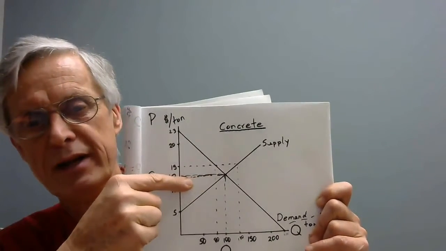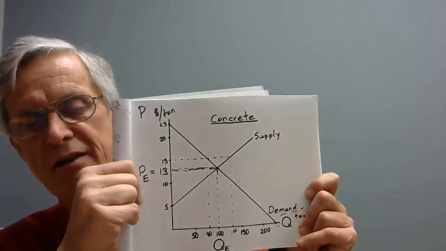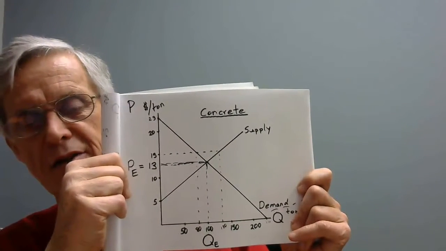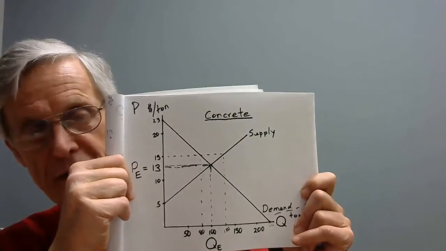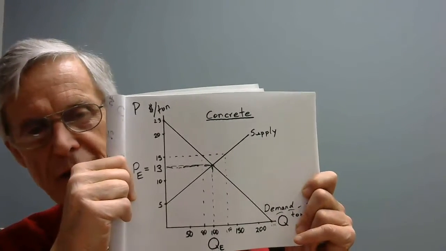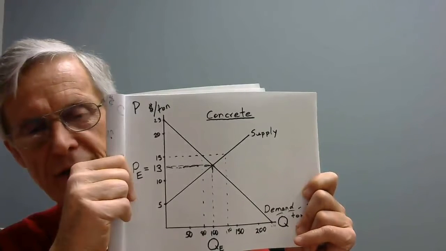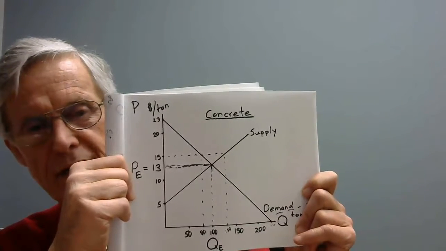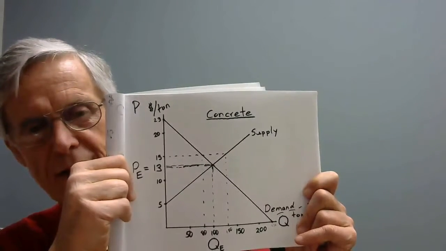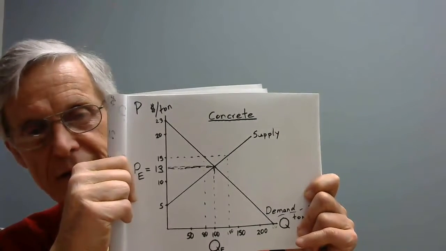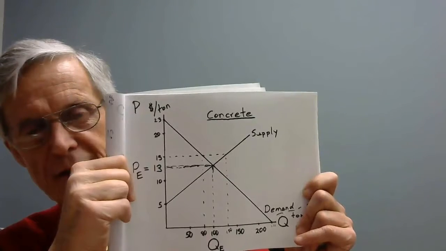Right, this triangle right there. 13 minus 5 is 8. 8 times 100, the other dimension of the triangle, is 800. Divided by 2 is 400. So talk your way through all the numbers. Of the $1,300 total revenue, the seller collects the money. 400 is left over after covering opportunity costs, right? Consumer surplus.